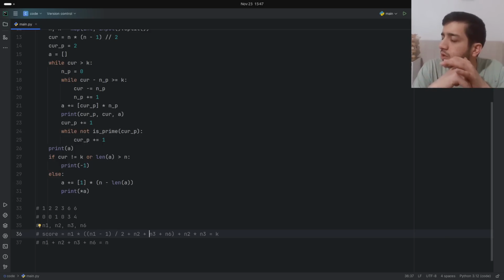So maybe we can pick the biggest n1, and then we put some 2 and 3 that are equal to k, and then put some 6. Hmm?